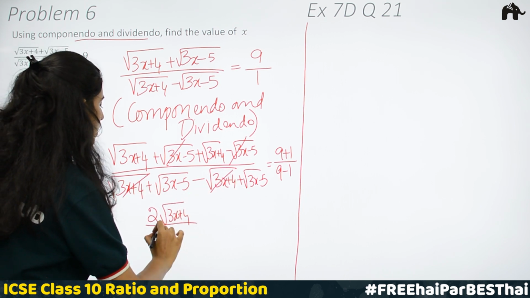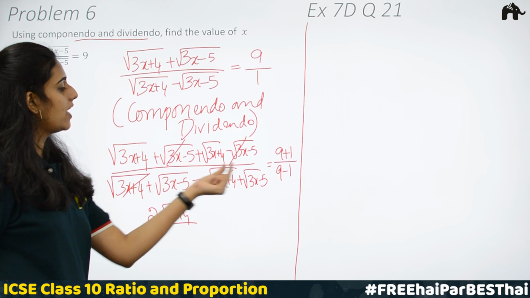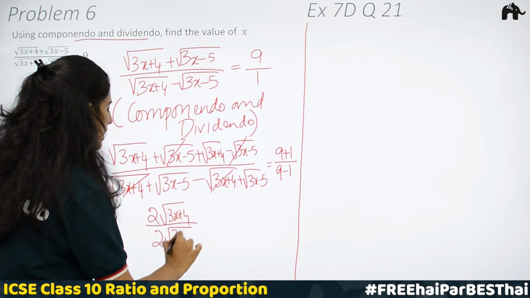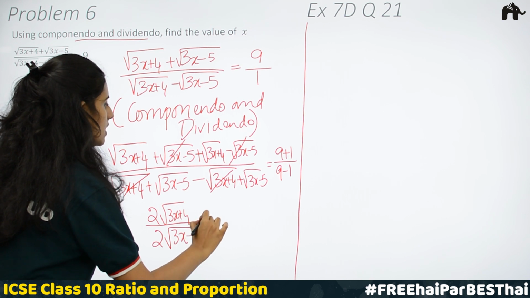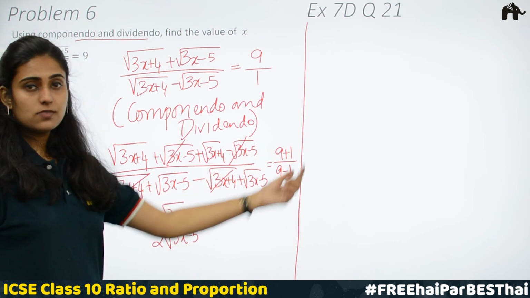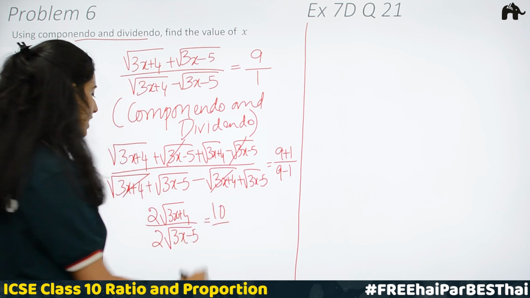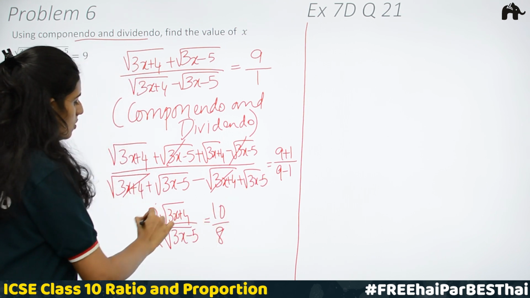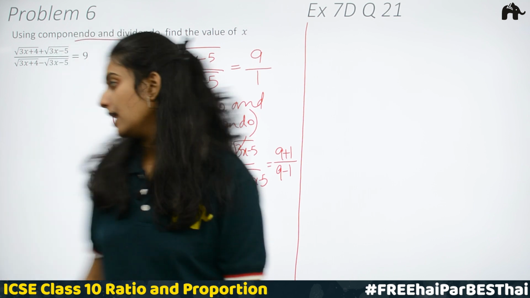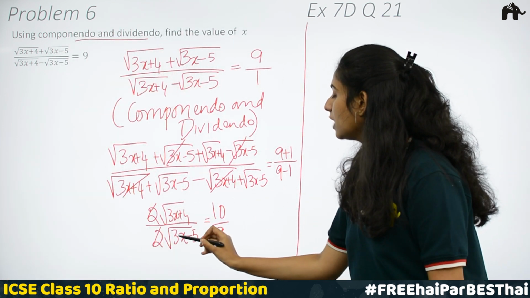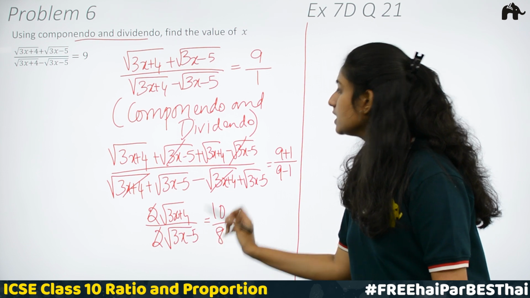Remaining we have root of 3x minus 5 plus root of 3x minus 5, that is 2 root of 3x minus 5 is equal to 9 plus 1, 10 divided by 9 minus 1, 8. This 2 and this 2 can be cancelled. We have root of 3x plus 4 divided by root of 3x minus 5.